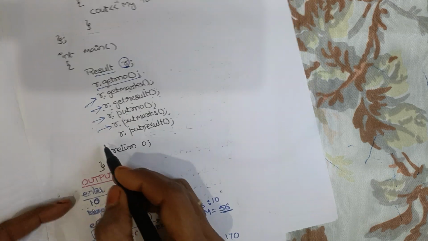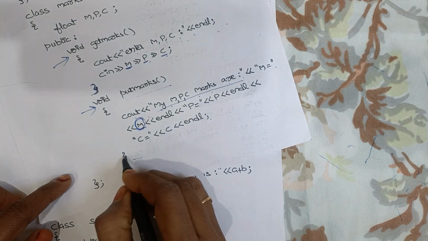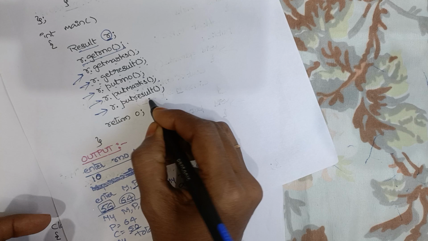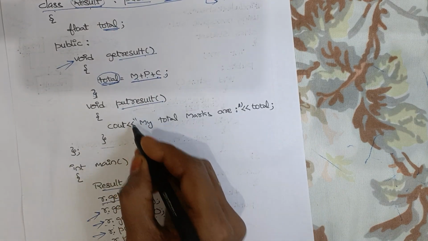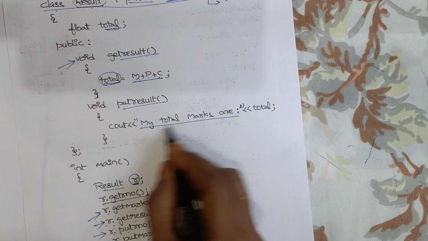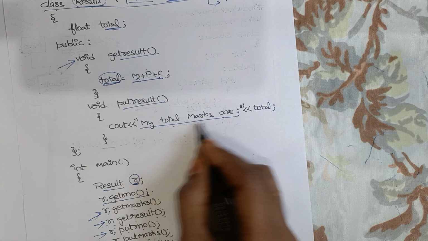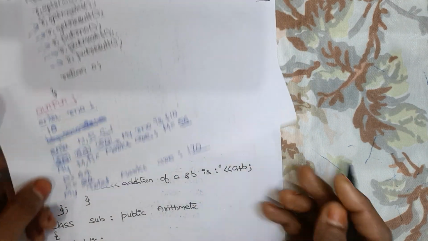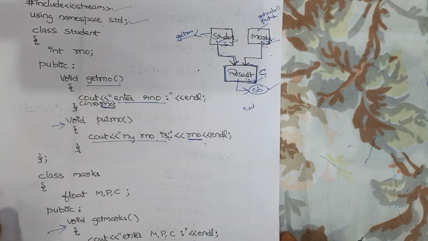Next, control will transfer to r dot put result, which prints my total marks are, where total is m plus p plus c, so it will print 170. This is the simple program for multiple inheritance.